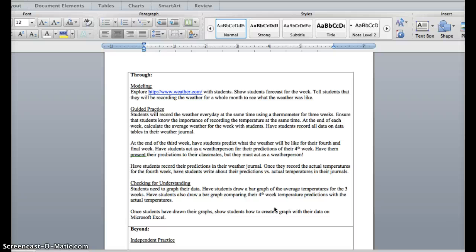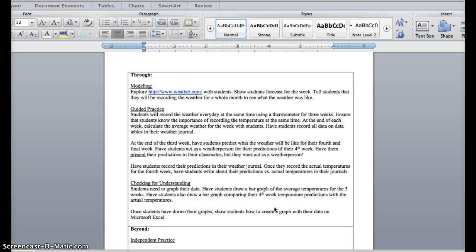Once they're done recording all of their weeks, then they would create graphs of the average temperatures for the 3 weeks, and then they would have to draw a bar graph comparing their 4th week and the predictions and the actual temperatures.